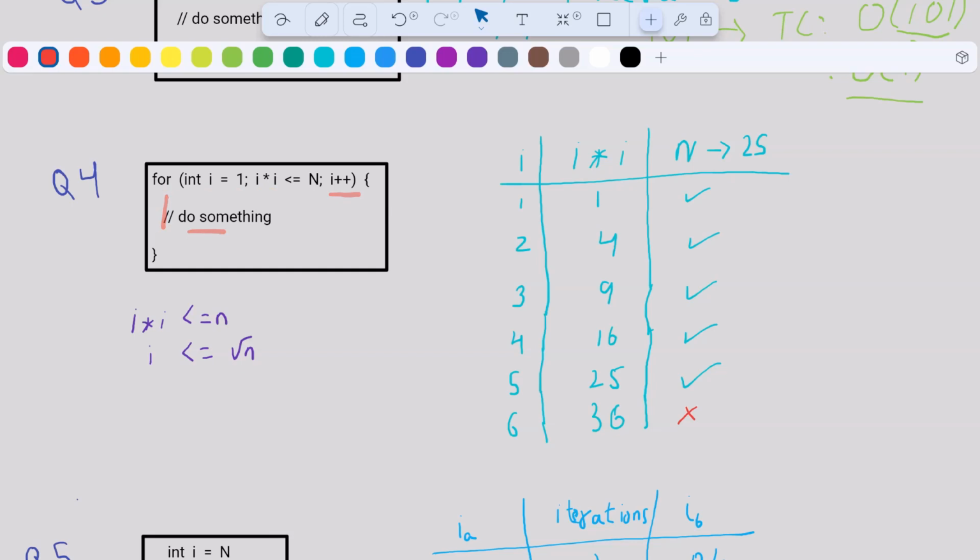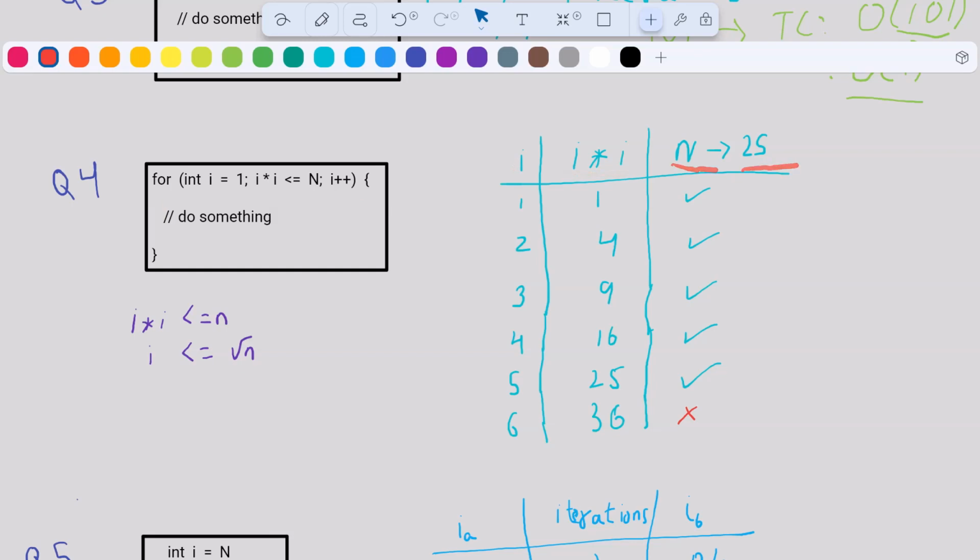So how many times is this loop running? Just try to understand with this table which I have made over here. First it is i, then it is i into i, meaning i multiplied by i, and for instance I am just taking n as 25.